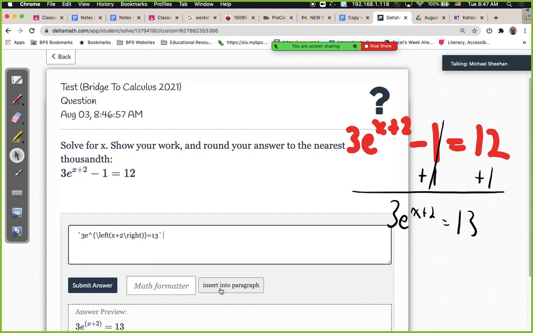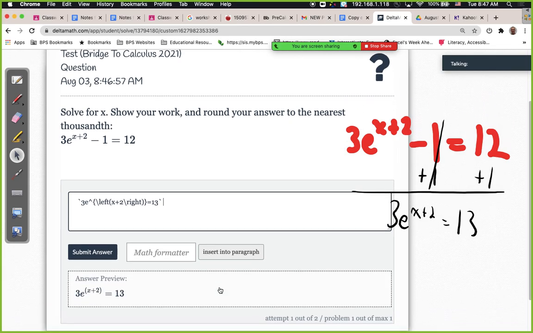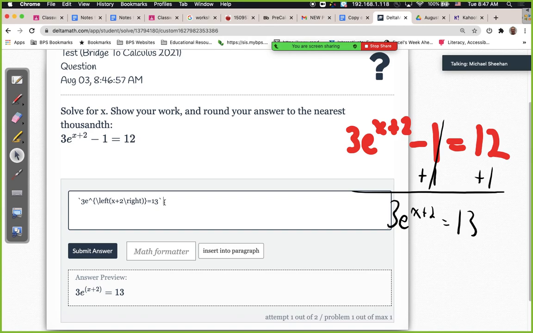Let's see what happens when I insert. I also don't care if you just do this, 3e to the x plus 2 equals 13. Use the math formatter if you want to, but show me your steps. That's the important part.